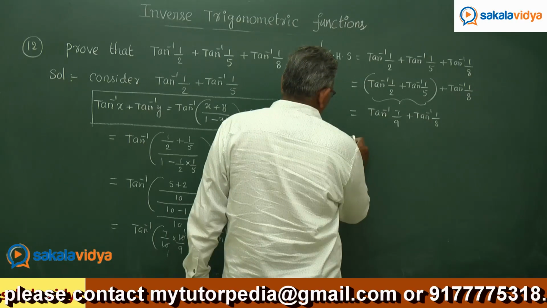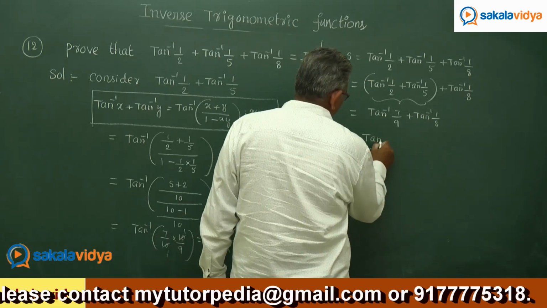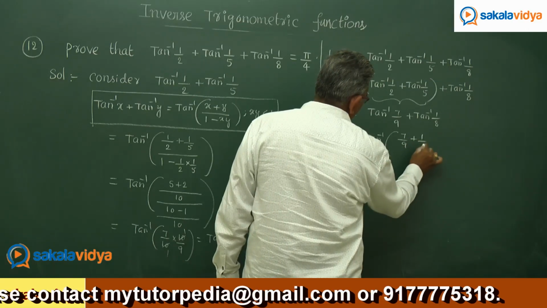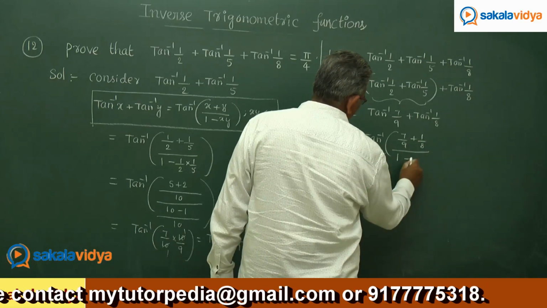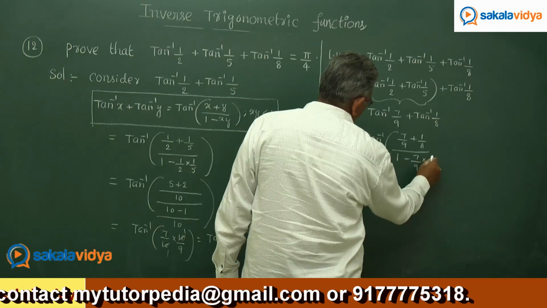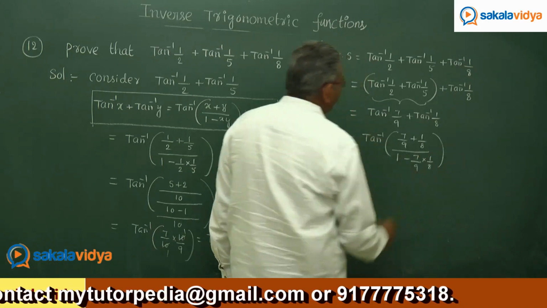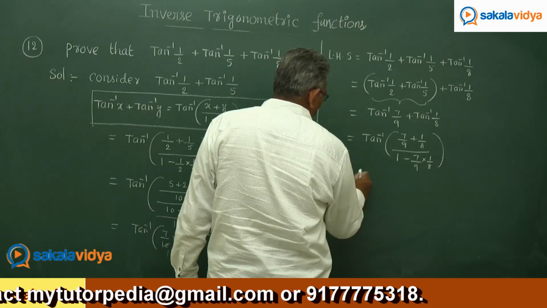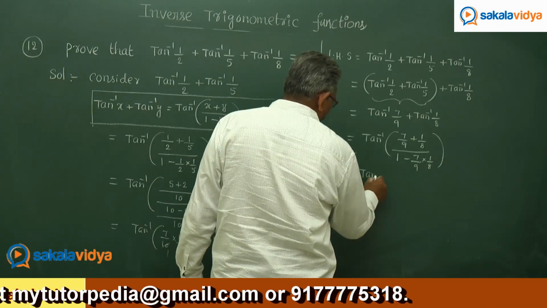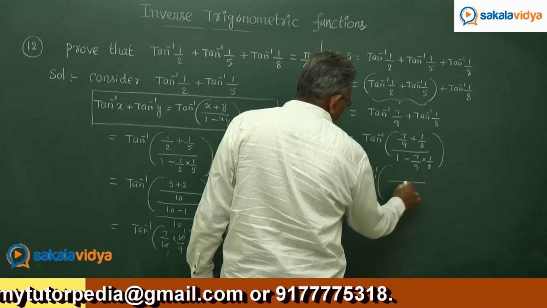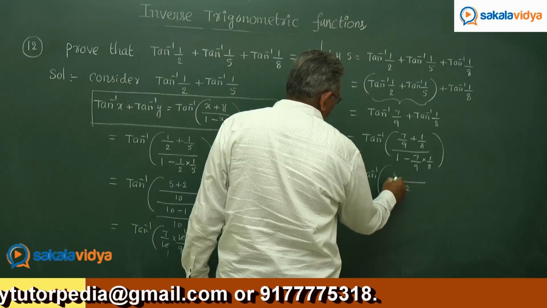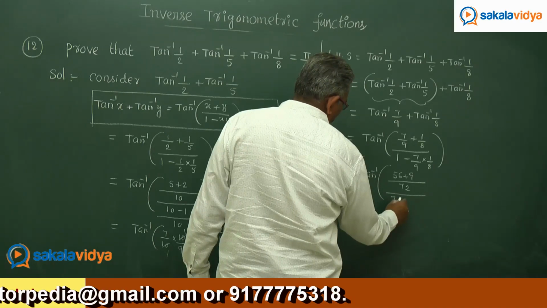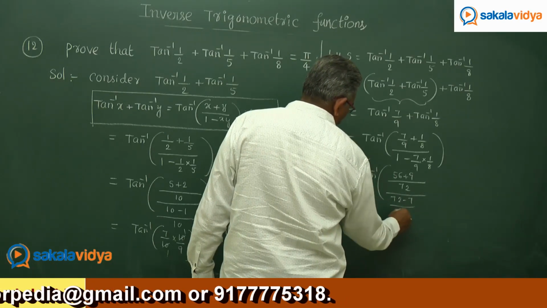So this equal to tan inverse of 7 by 9 plus 1 by 8 over 1 minus 7 by 9 into 1 by 8. Let us see what do we get. This equal to tan inverse of 72 LCM, 56 plus 9 upon 72 minus 7 by 72.